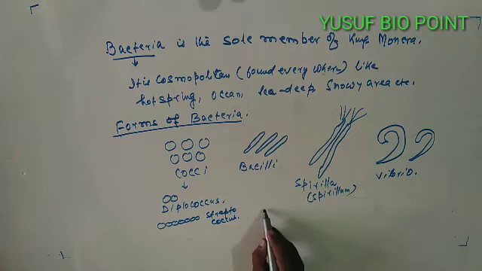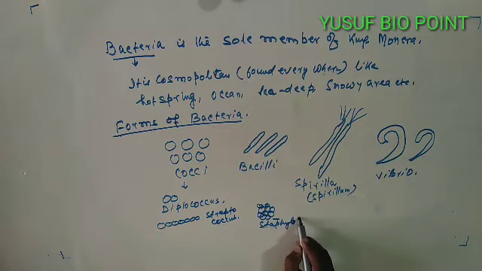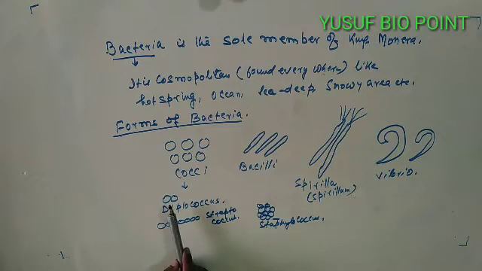If it is found in a cluster, that is staphylococcus. Similarly, bacillus found in two is diplobacilli, and in a chain is streptobacilli. So in different forms these are found.